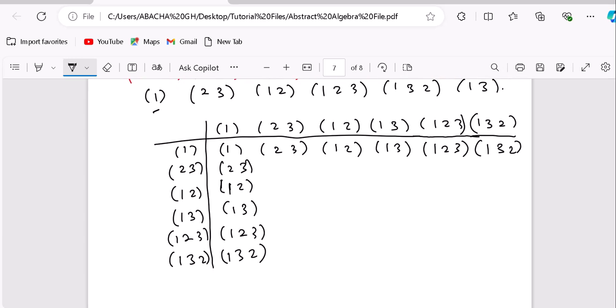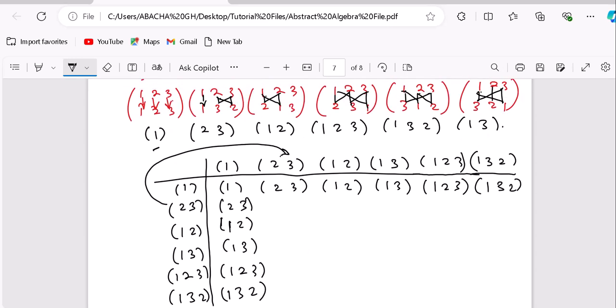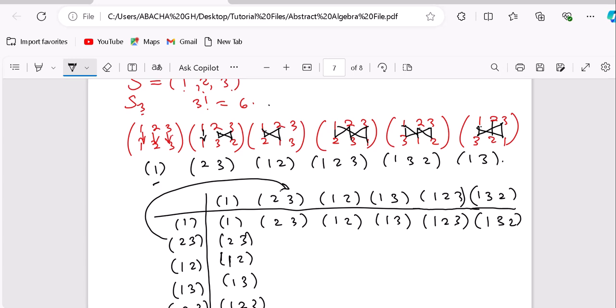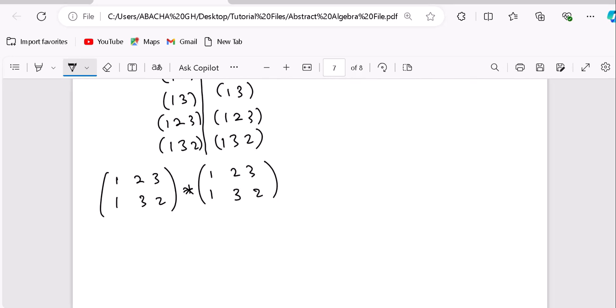So the problem then arises if we want to compose these elements. Take (2 3) composed with itself. Composing, 1 goes to 1, 1 goes to 1, so here's 1. 2 goes to 3, and 3 goes to 2, so we have 2 here.